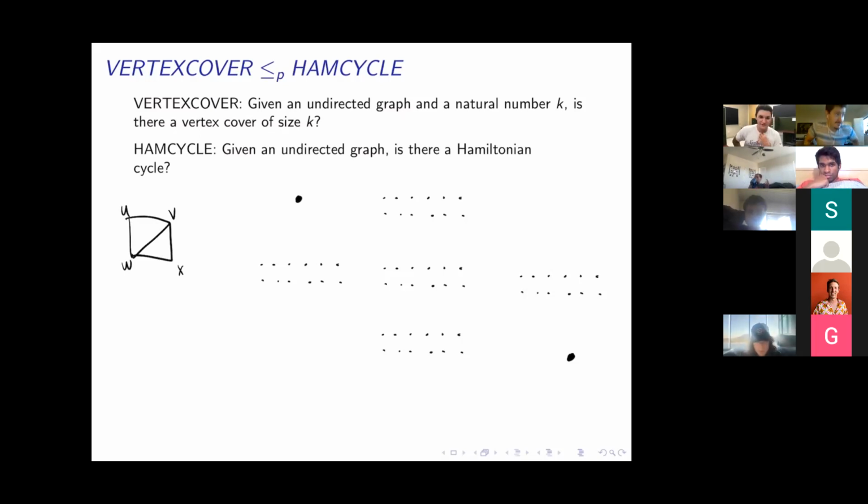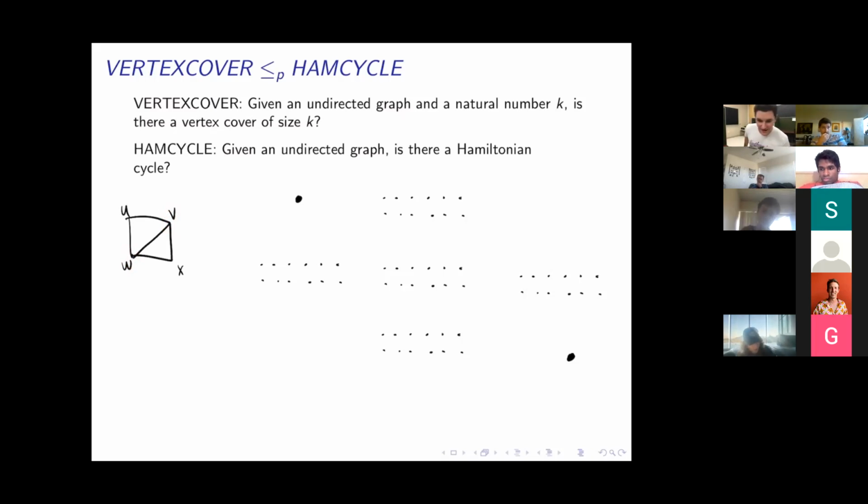But I'm going to show you how to take a graph like this and produce an undirected graph such that it has a Hamiltonian circuit if and only if the original has a vertex cover of size 2, or of any given size, but in this case specifically of size 2. Again, you can see those 2 vertices do indeed form a vertex cover. So the graph I produce should have a Hamiltonian cycle, but in general, it's exactly equivalent.